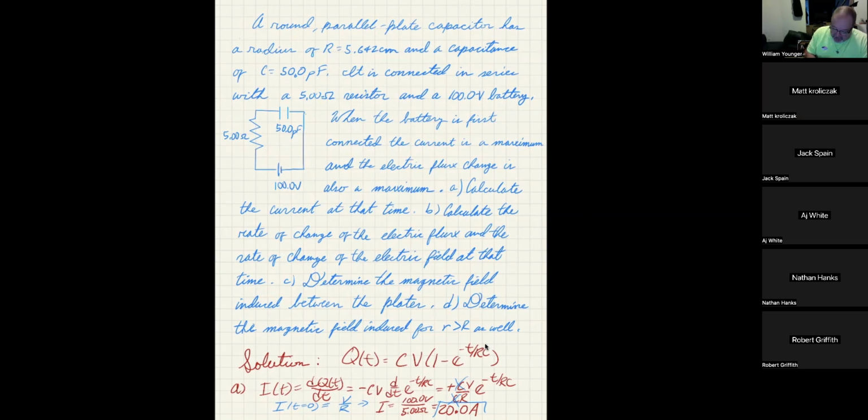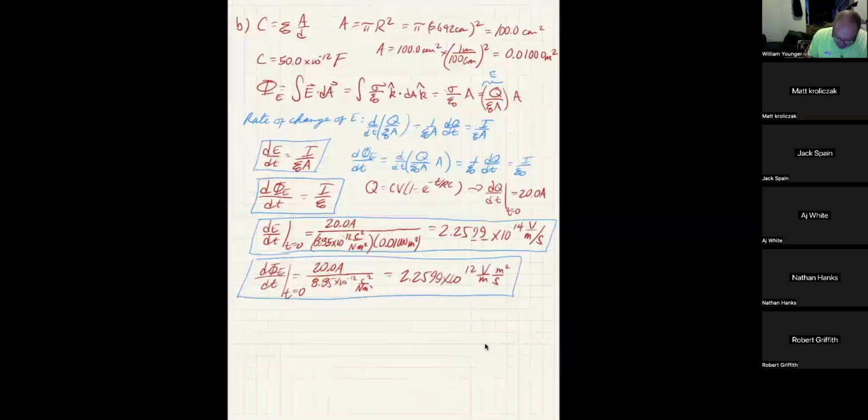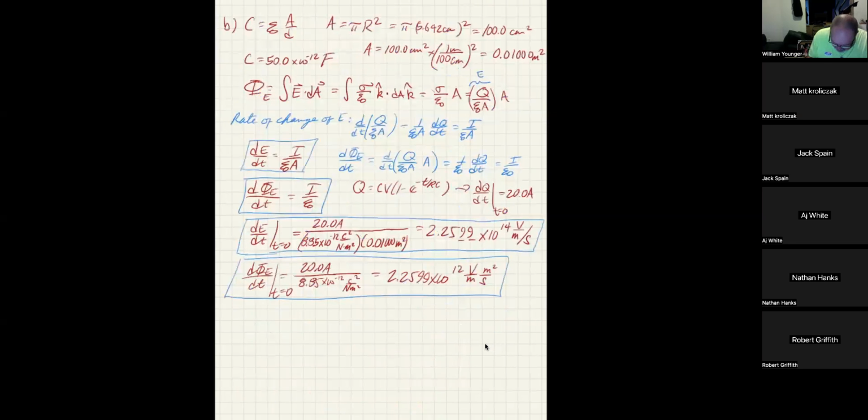When we do that, it's not too bad. So let's start off with C. What we have is the left-hand side of Ampere's law, the closed integral of B dot dl. Now here's the problem: this is not a current. There's no current.